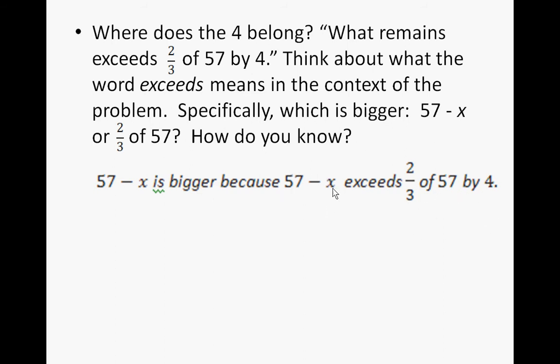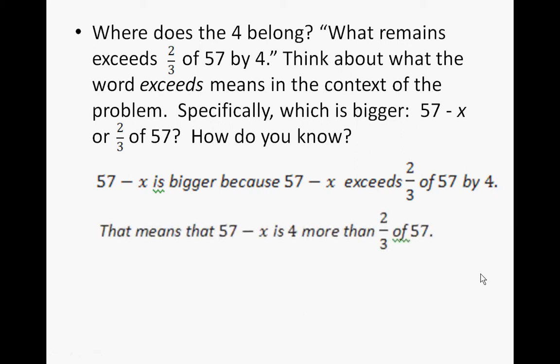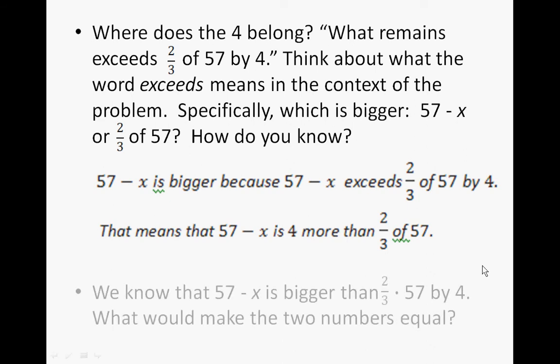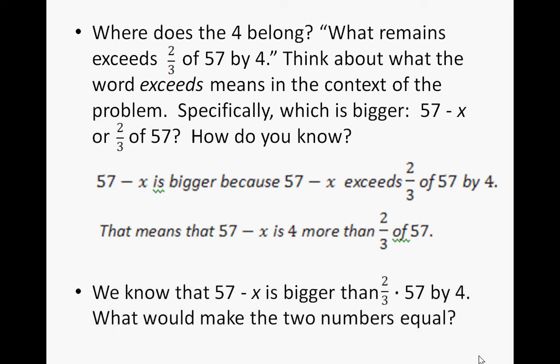Okay, so this number is going to be bigger than this number, and the difference is going to be by 4. So that means that 57 minus x is 4 more than 2/3 of 57.